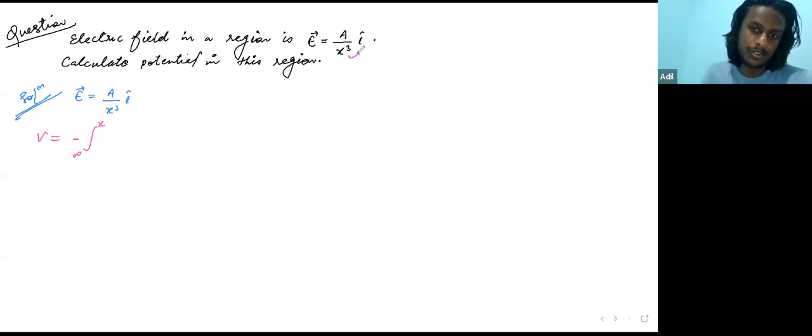So V equals minus the integral from infinity to x of E dot dr, with E equal to A over x cube i cap.